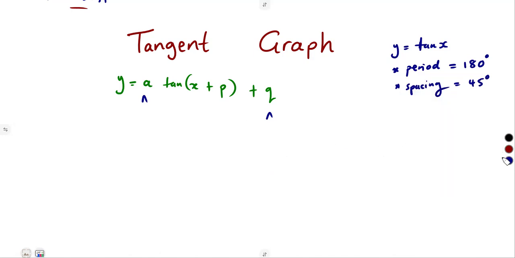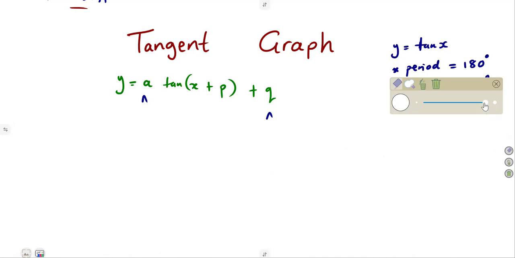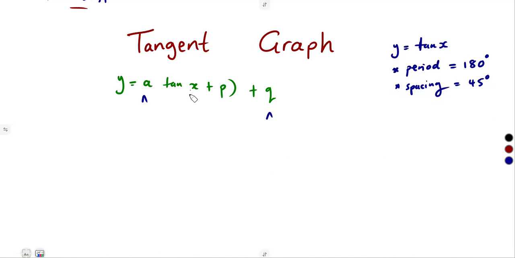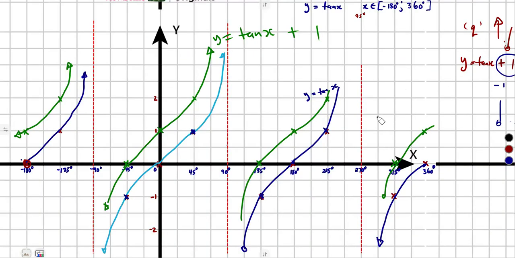But if we consider the B and the P, these two are going to affect our graph.